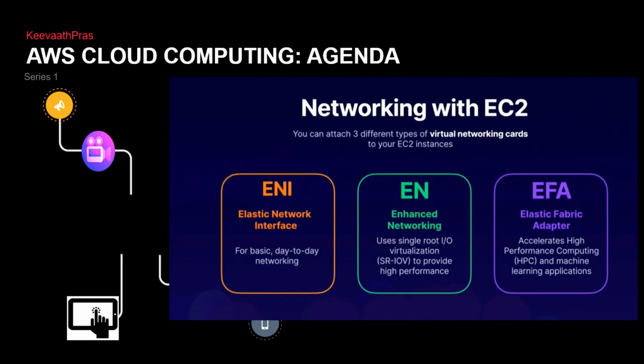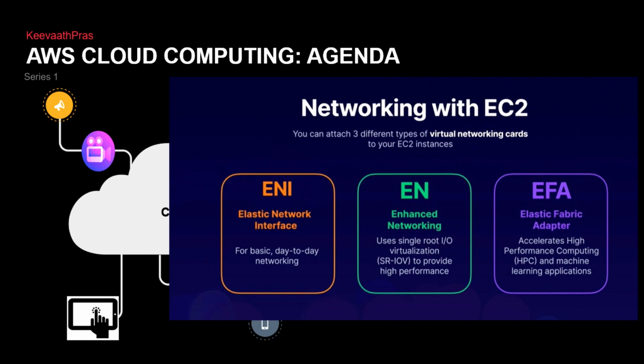All right. When you're working with EC2, you're going to be seeing 3 different virtual networking options for your EC2 instance; you're not going to be missing out on these. The ENI, remember the ENT doctor I told you, the ENI is an elastic network interface. It is used for day-to-day networking.